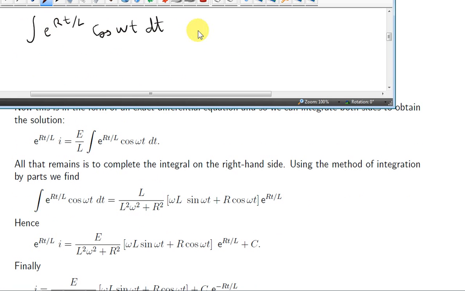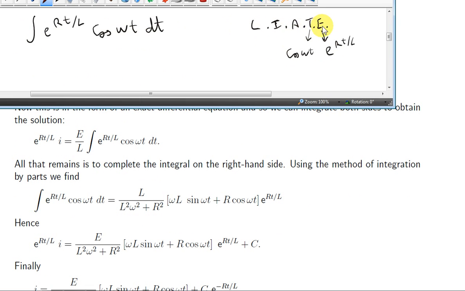Let's just go through this integration. We use the rule LIATE to decide which function we call u in our formula for integration by parts. So the exponential term is this one here, e to the power of Rt over L, and the trigonometric term is cos omega t.